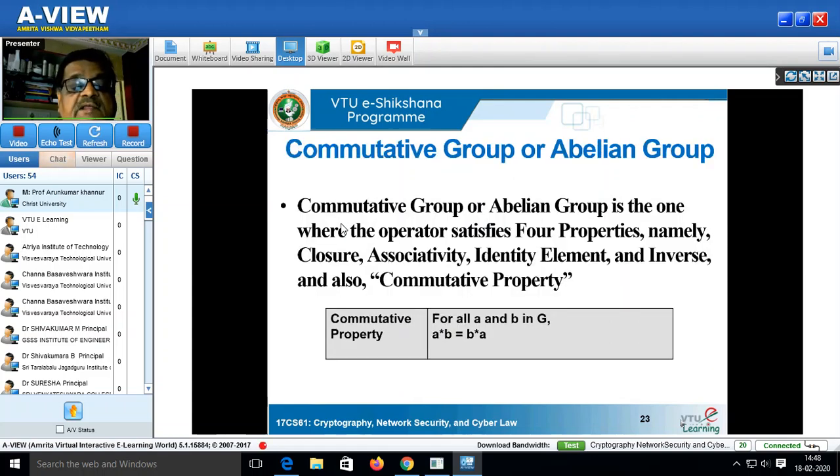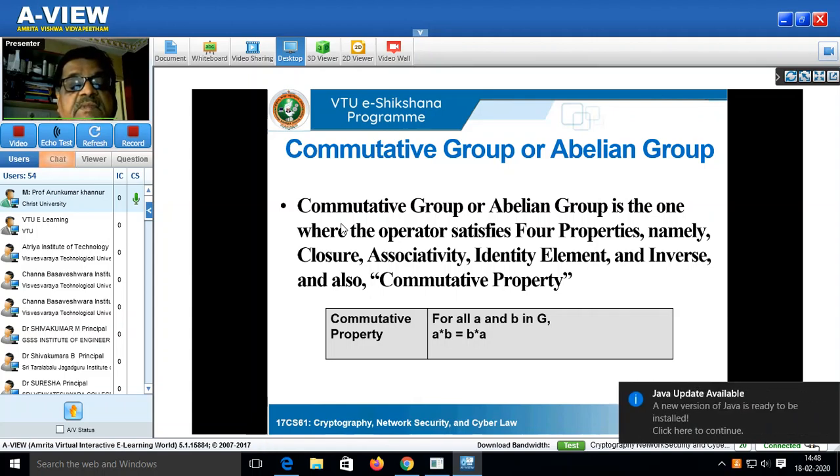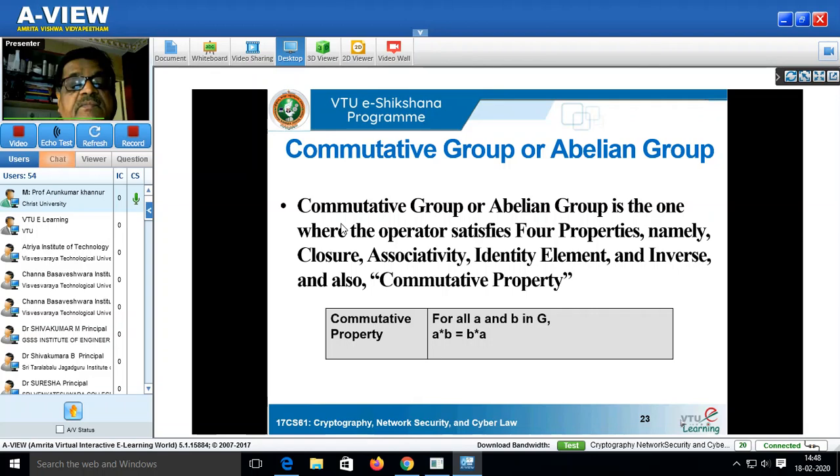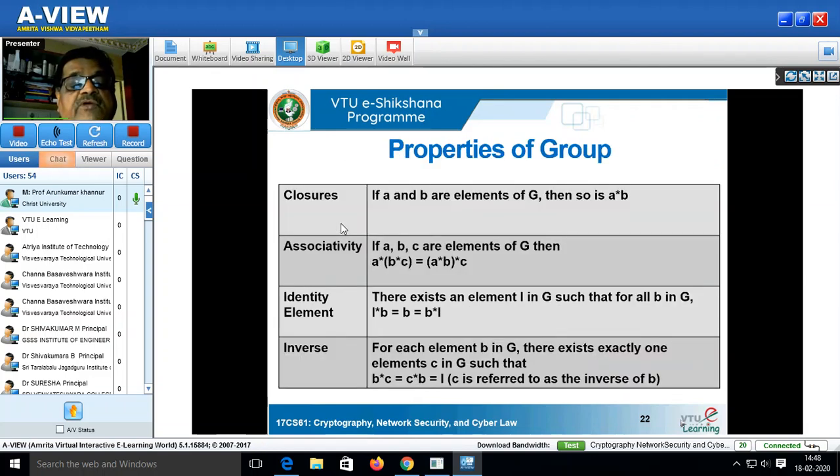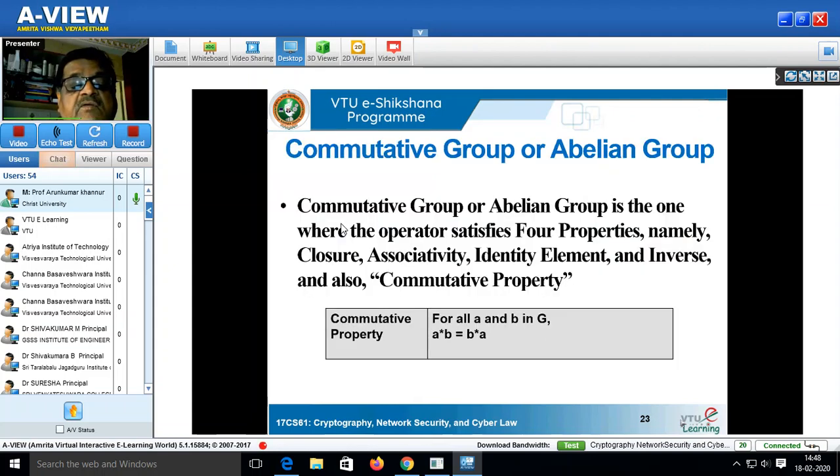Along with these four properties, if the commutative property, which indicates that for all A and B in G, A star B equal to B star A, is fulfilled, then we call that a commutative group.